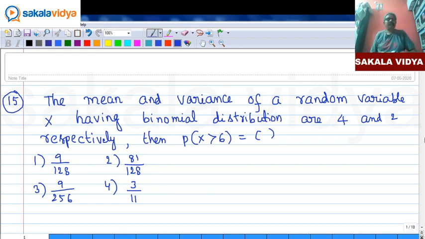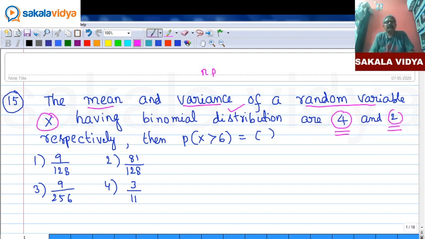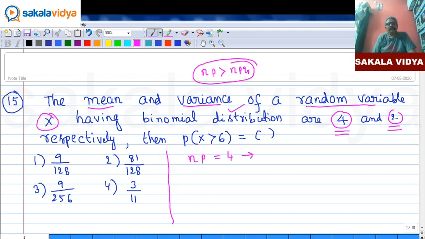The mean of a random variable is always greater than the variance. That is also one of the important points we need to remember. So mean np is greater than npq. Here, first we write np is equal to 4, equation 1.